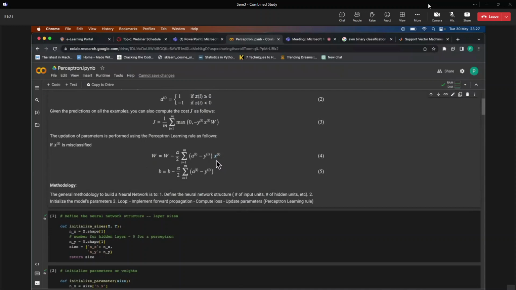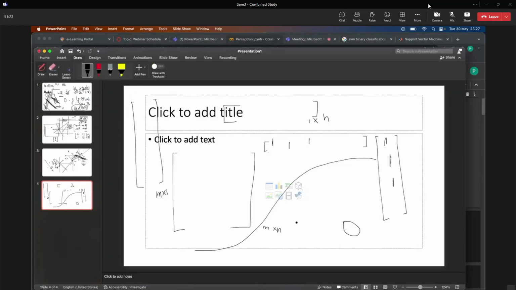So I have to multiply this and this. Earlier x was this and y was this. Now you have to multiply to get a single value, so you take a transpose and you get the product.